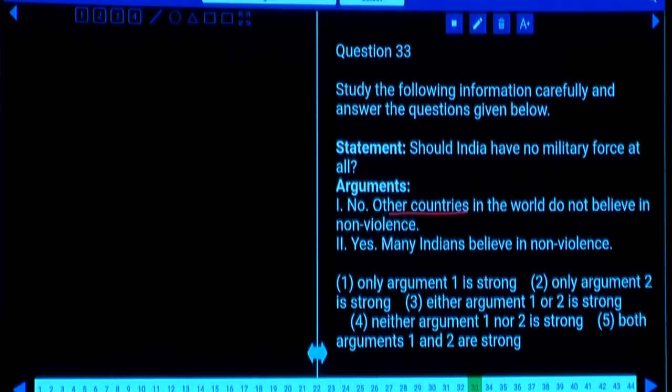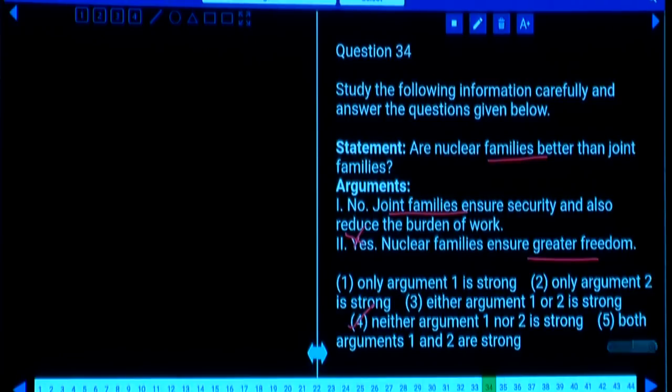Comparison type arguments cannot be strong arguments. Straight away ruled out. Second, many Indians believe in non-violence. Now here he is talking about non-violence, but is he talking anything regarding the necessity of the military? This is also ruled out. Then what is your answer here? Neither 1 nor 2, and it is given in choice 4. 33, choice 4.